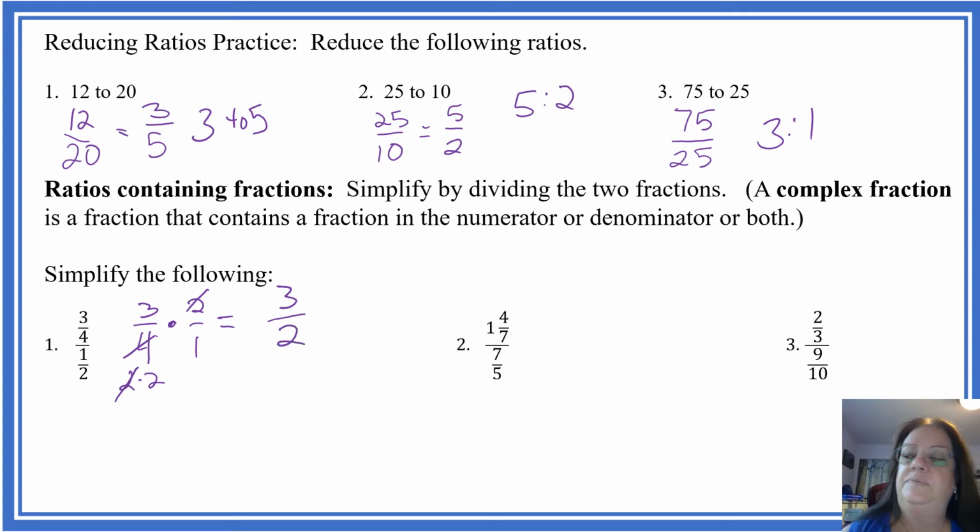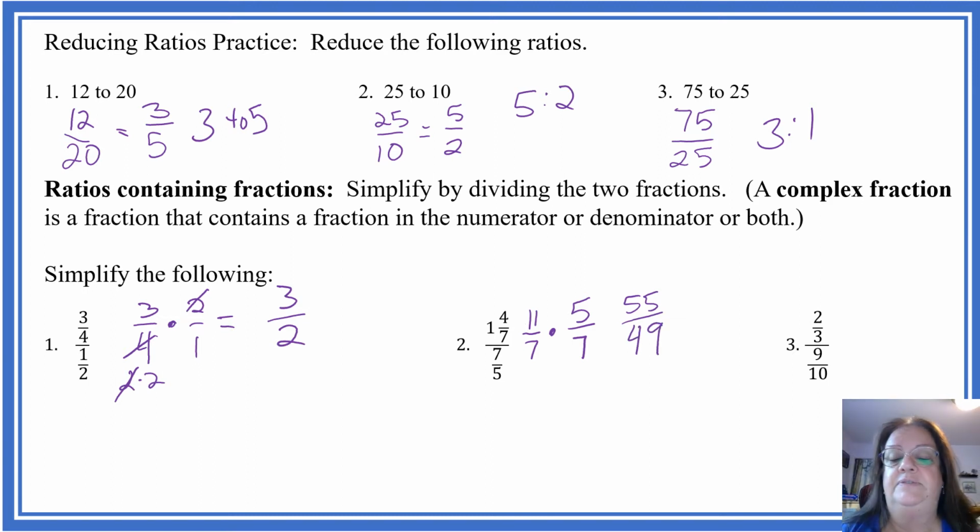Now number 2 here, I have to turn it into an improper fraction for the numerator. 1 times 7 is 7, plus 4 is 11. So this is actually 11 over 7, divided by 5 over 7. Flip and multiply. So now I have 55 over 49. No way to simplify. So it's a 55 to 49 ratio.